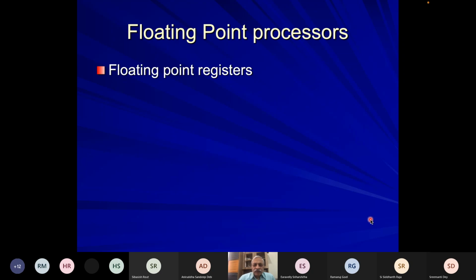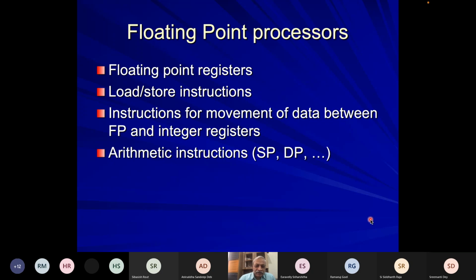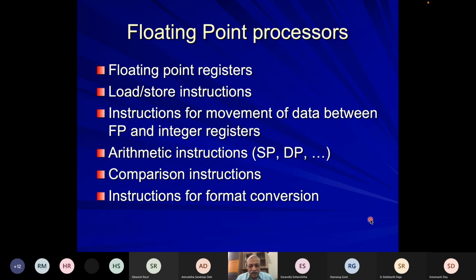Floating point processors have floating point registers, load store instructions, instructions for movement of data between FP and integer registers, and various arithmetic instructions for single precision and double precision: add, subtract, multiply, divide. There are also comparison instructions and instructions for conversion from floating point to integer and vice versa.